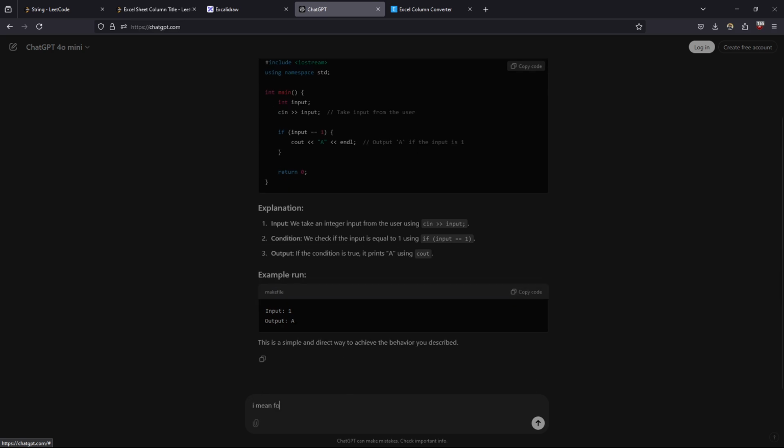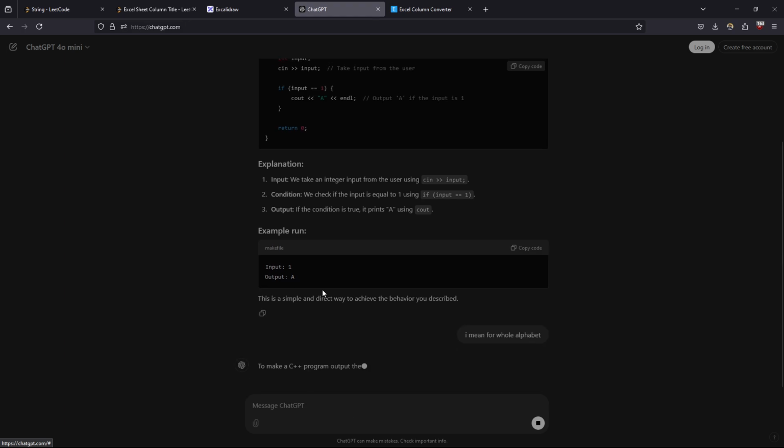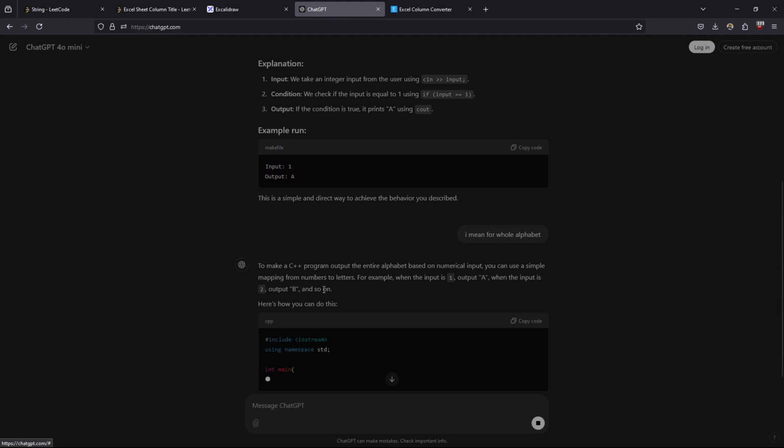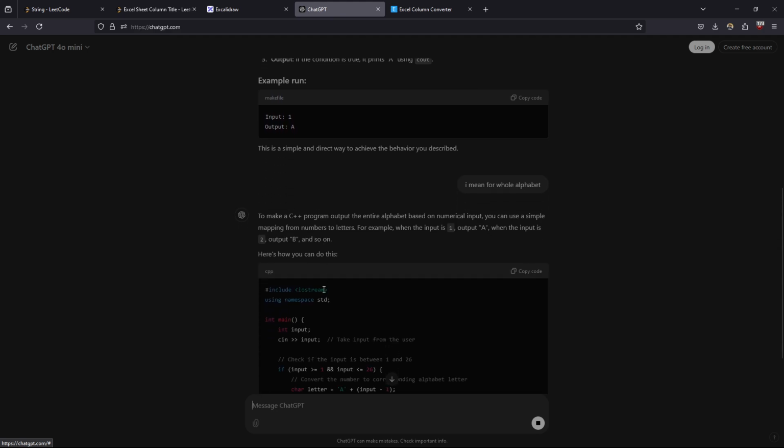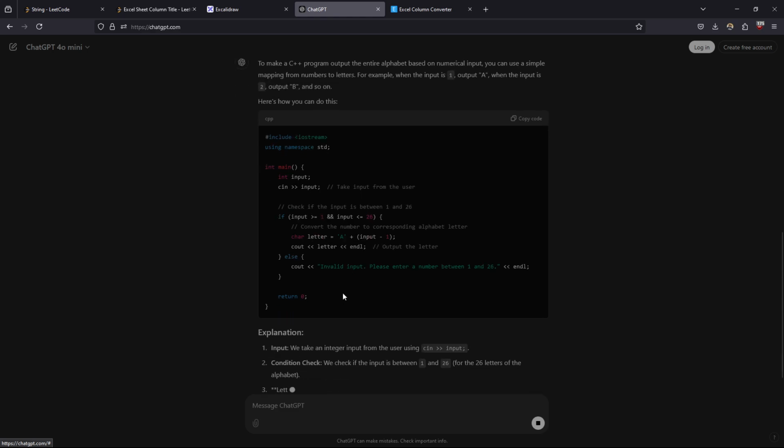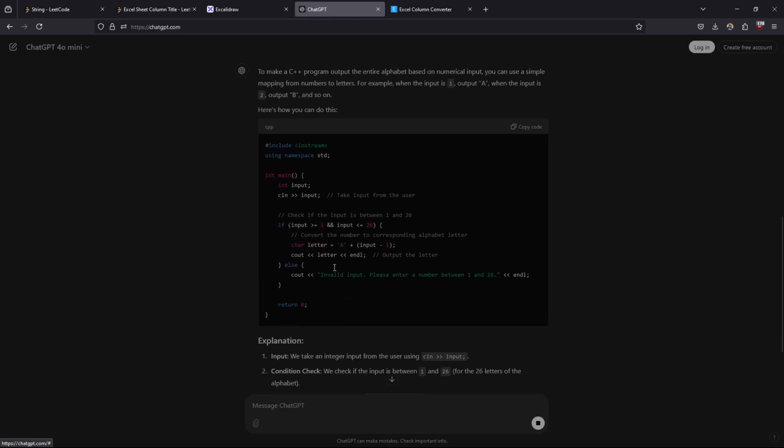I mean for all alphabet. If input is greater than or equals to 1 and less than or equals to 6, character letter equals to 'a' plus input minus 1. Print letter, and otherwise invalid input.